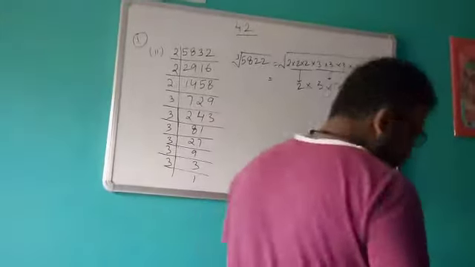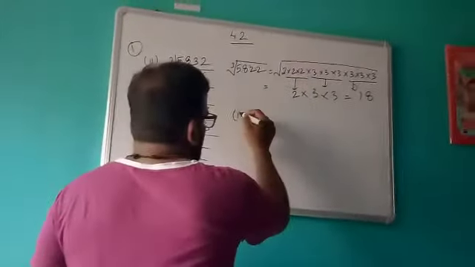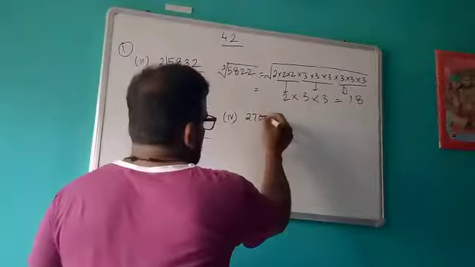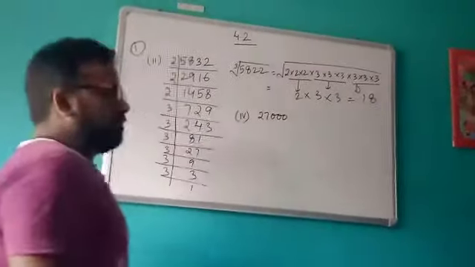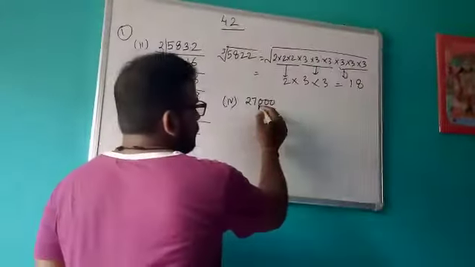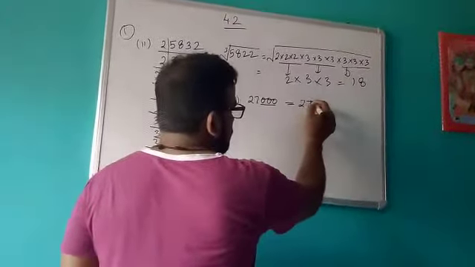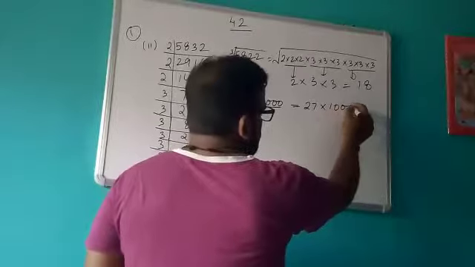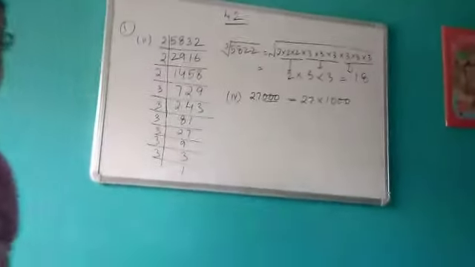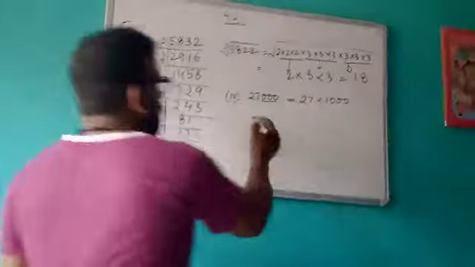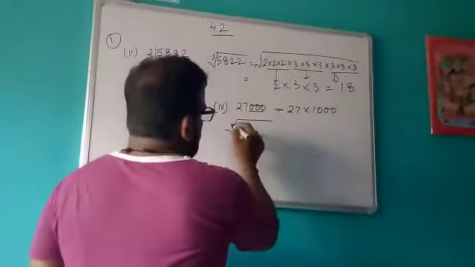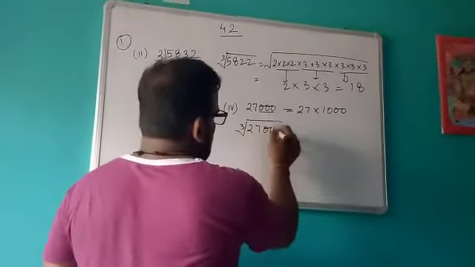Okay. Suppose a number is like this, 27,000. Okay, so in the questions like this, you can see there are 3 zeros. So I can write this as 27 into 1000 like this. Okay, then what you can do, you can also write it like this.